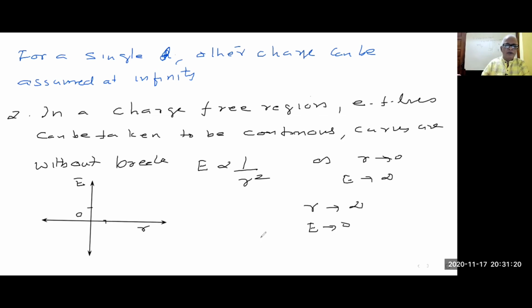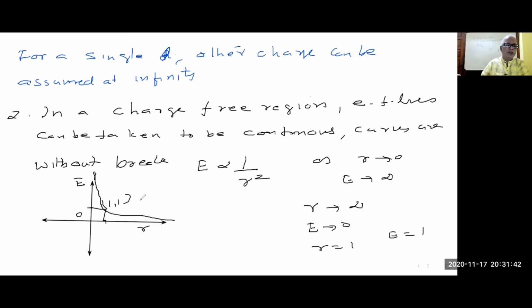When R is equal to 1, E is equal to 1. From this point, you can draw the curve, something like this. It has no break anywhere.